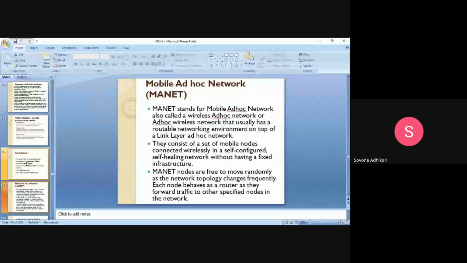Then the next topic is MANET, mobile ad hoc network. We have already discussed the ad hoc network.